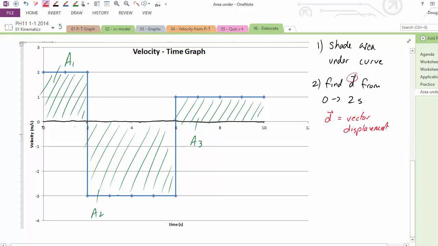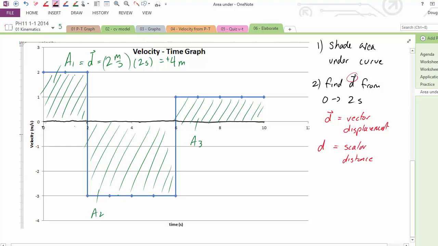Without the vector, it's a scalar, it's distance. So what I'm trying to do is I want to know the displacement from 0 to 2 seconds. Well, from 0 to 2 seconds, that's the area, which is the displacement, which is 2 meters per second times 2 seconds, which is equal to 4 meters, positive 4 meters.